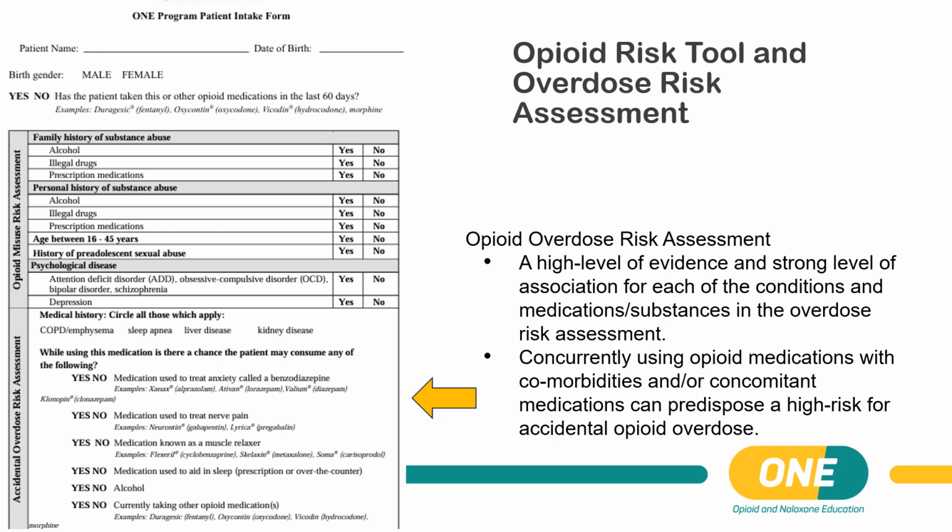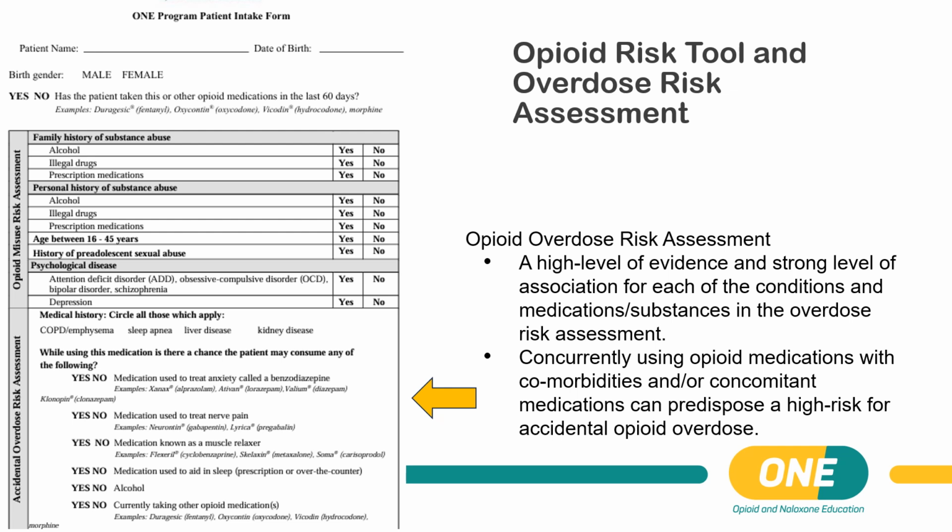Medical conditions that are associated with opioid overdose include COPD, emphysema, sleep apnea, liver disease, and kidney disease. These align with compromised pulmonary function and also reduced capacity for opioid elimination and opioid metabolism.